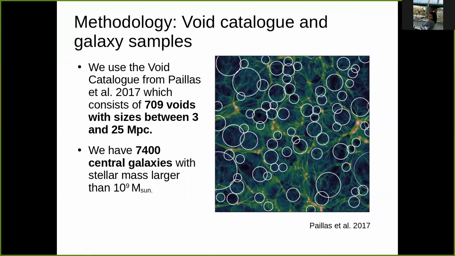The catalogue of Paillas consists of more than 700 voids, with sizes ranging between 3 and 25 megaparsecs. We select central galaxies with a stellar mass larger than 10^9 solar masses, and the final catalogue results in more than 7,000 galaxies.